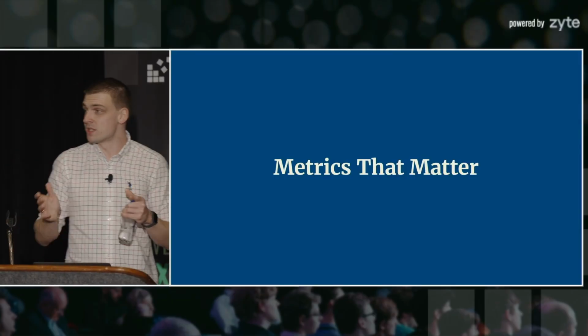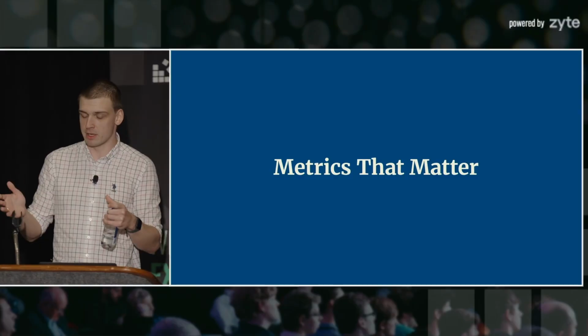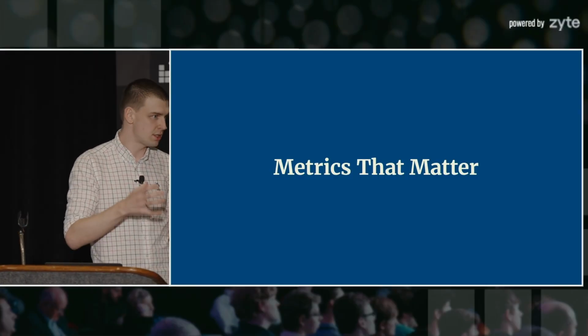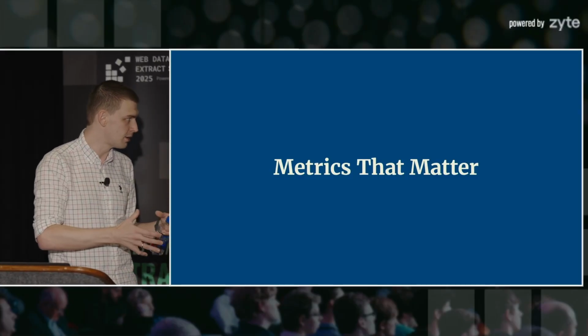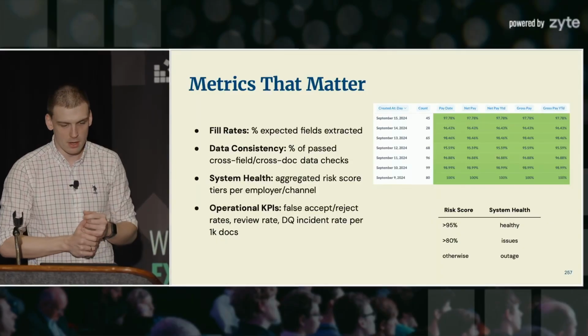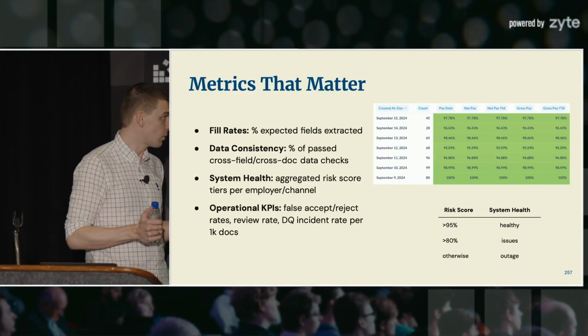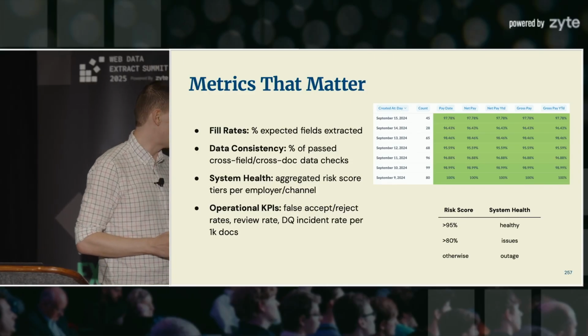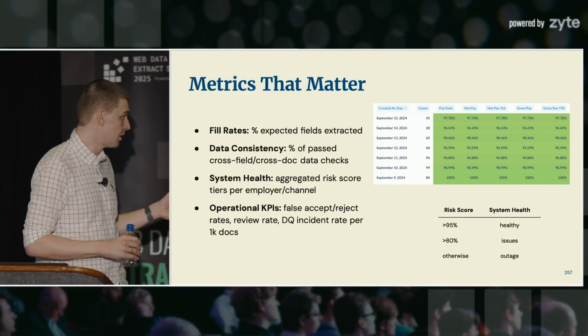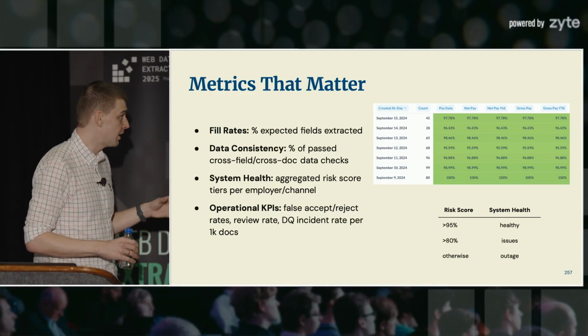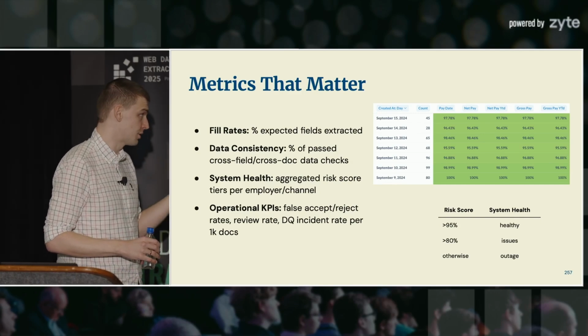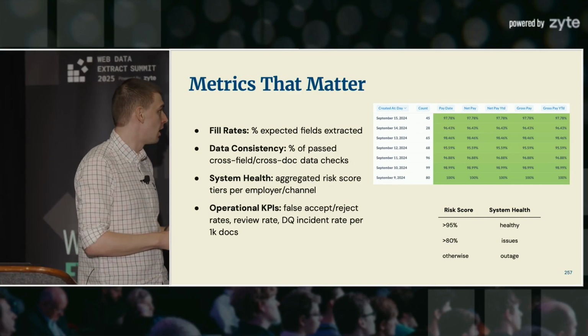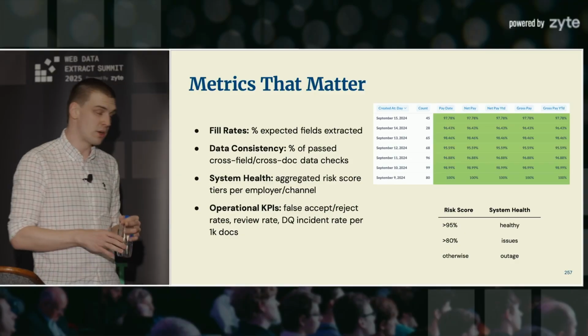So yeah, we discussed how to process individual applicants' documents, but we also need to look at bigger trends. Let's talk about metrics. To measure quality, we need to look at fill rates. So how many of the expected fields are extracted across the board? Data consistency. How many checks failed or passed across the board? Also system health, our risk score distribution.